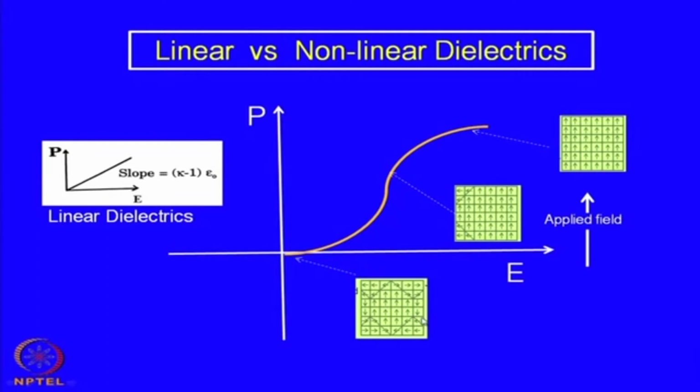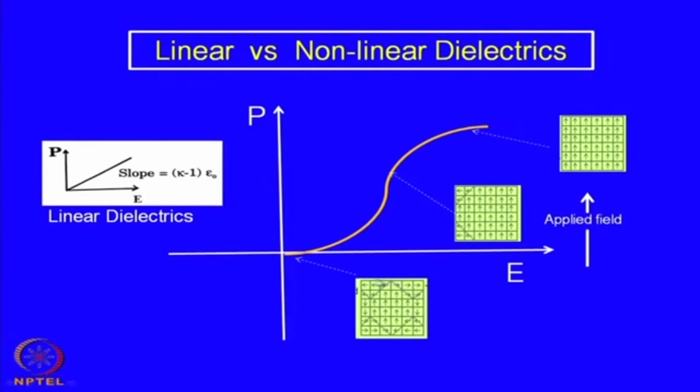So, these are about 4, 5, 6 different domains available, and in all the domains of course they have a parallel orientation, whereas with the neighboring domains they may have antiparallel or a 90 degree orientation or a 180 degree orientation. So, accordingly, just like in magnetic materials, we have a 90 degree domain boundary or a 180 degree domain boundary and so on.